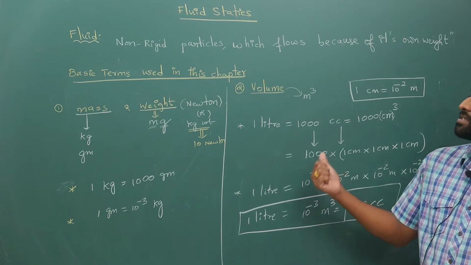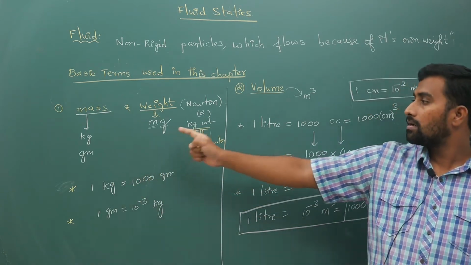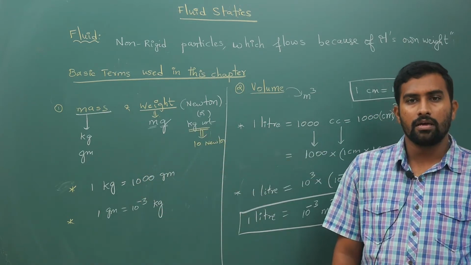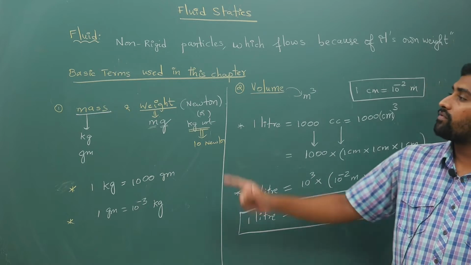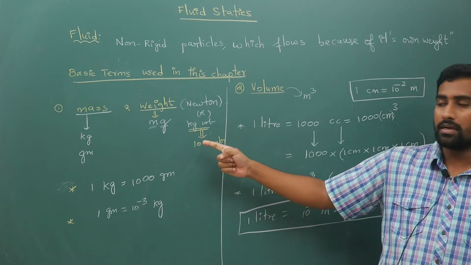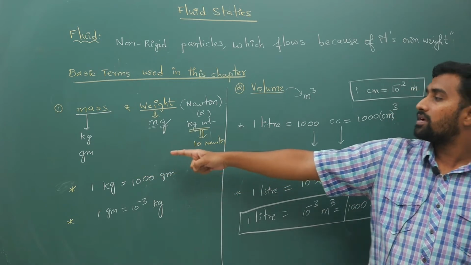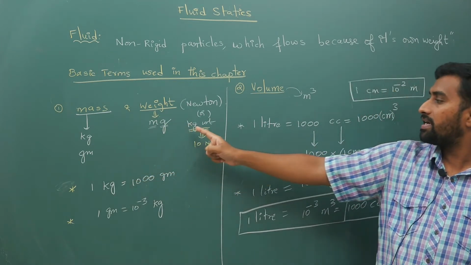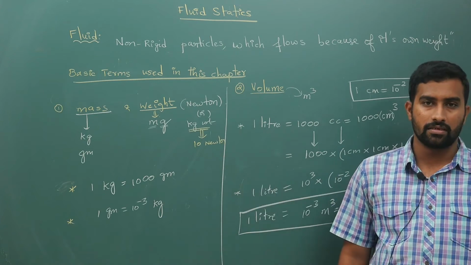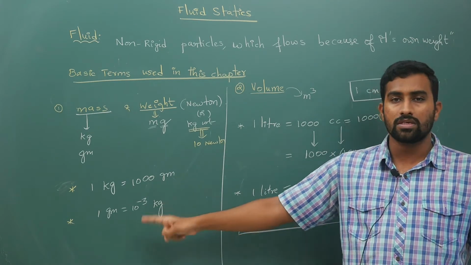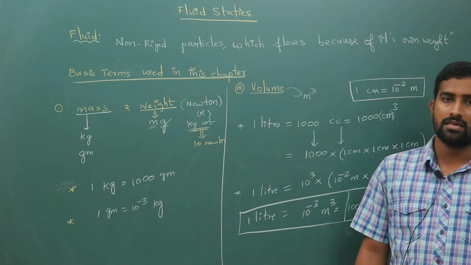So this is volume, and that is mass or weight. Mass unit is kg, and the other unit is grams. Weight unit is Newton or kg weight. 1 kg is 1000 grams, 1 gram is 10 power minus 3 kg.